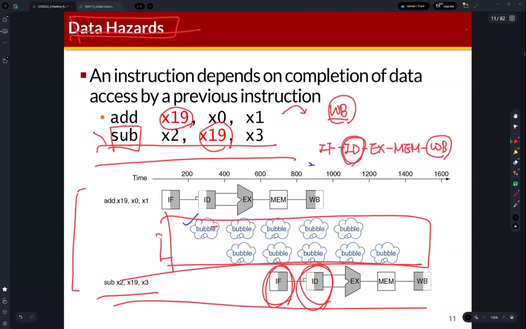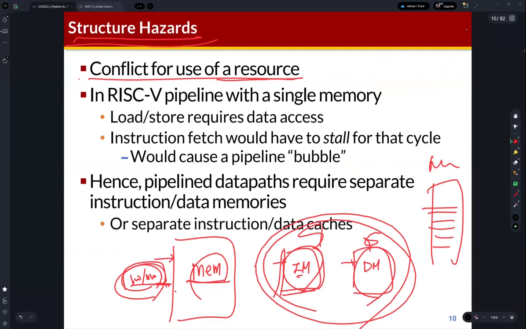I explained that in this pipelining architecture, we cannot observe structure hazards, because we already use separate instruction and data memories, right?